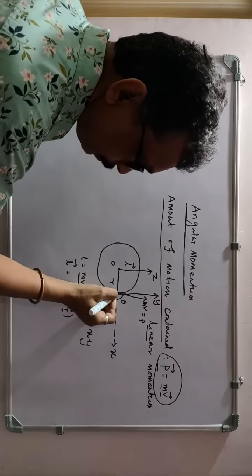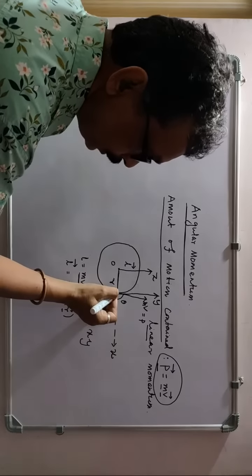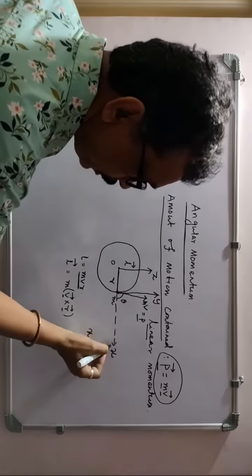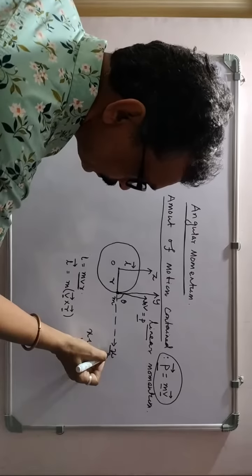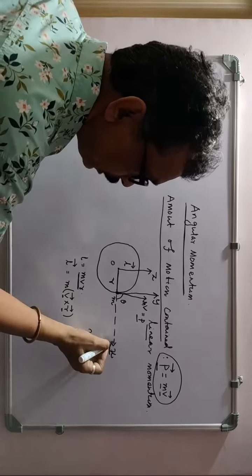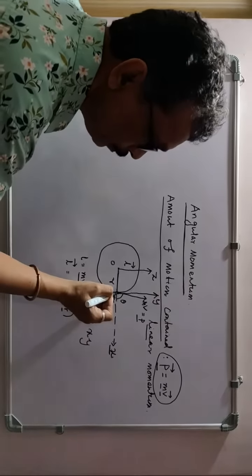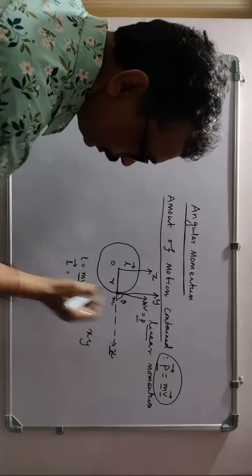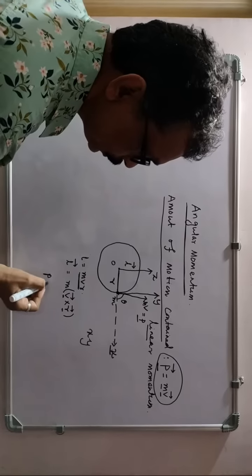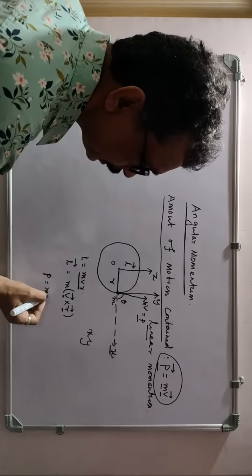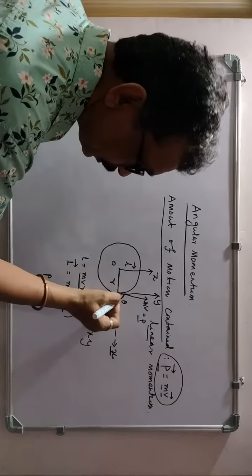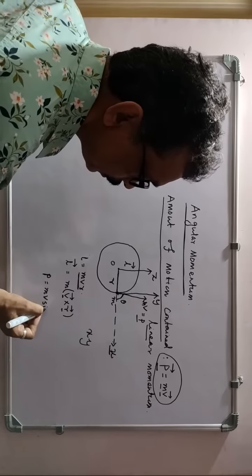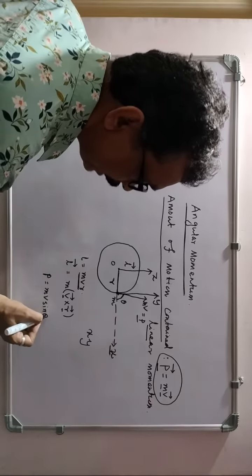At this particular point, what will be the magnitude of the linear momentum along x-axis? There is no linear momentum along x-axis, only linear momentum along y-axis. That means the momentum P, which is equal to mv, depends upon this angle theta, and this dependence is called sine theta.